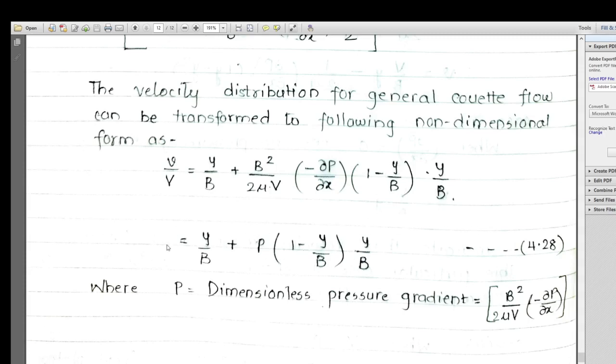By simplification, we will get y by b plus P bracket 1 minus y by b into y by b, where P is the dimensionless pressure gradient, which is given by b square by 2 mu V into dp by dx. So this is the velocity distribution for the general Couette flow.